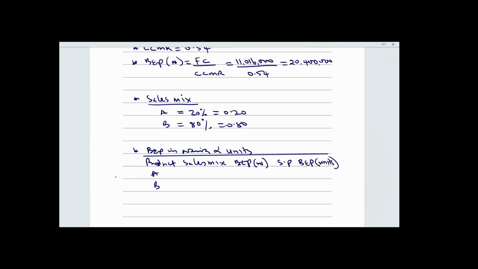A is 0.20, B is 0.80. We want to share 20,400,000.